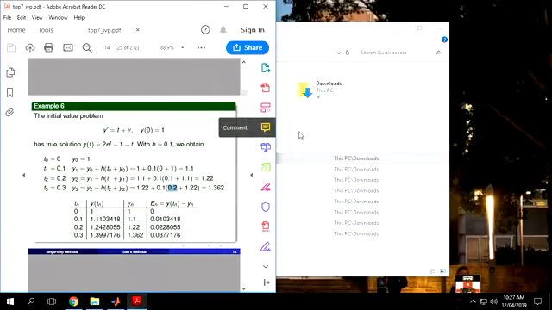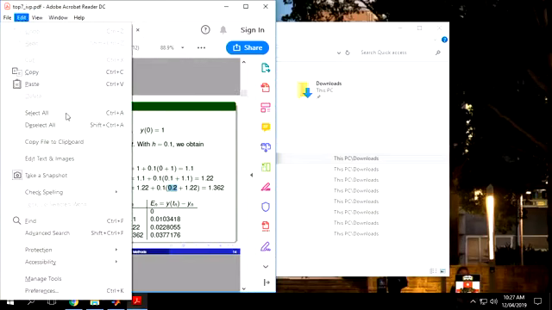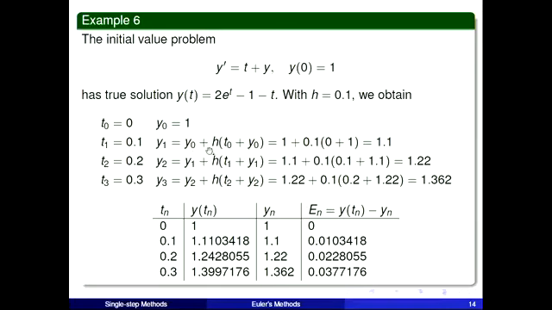Now we discuss the errors. Like last time, I showed you these pictures. So suppose we have the exact solution, you can compute the errors.